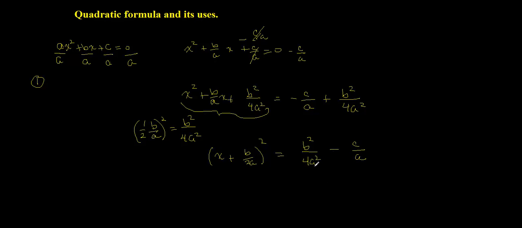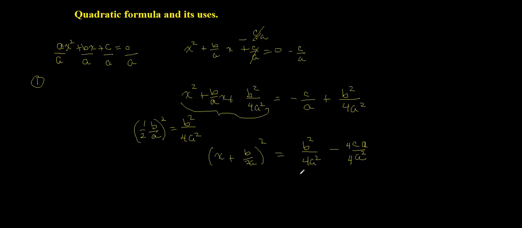Now we have to combine terms here. So notice that in order to subtract a fraction from another fraction, we have to have common denominators. I can do that by multiplying here by 4 and here by 4. However, I have a square here and I don't have a square there, so I'm going to multiply both the numerator and denominator by a.